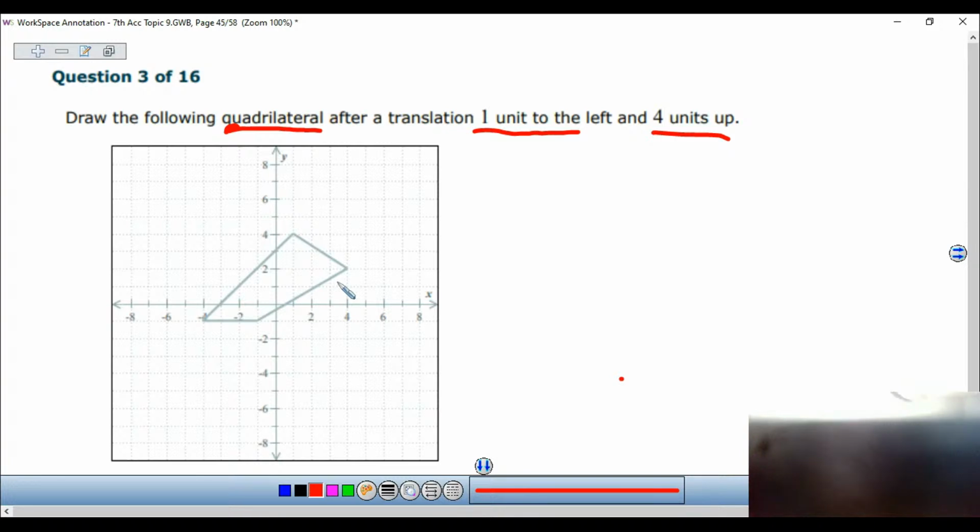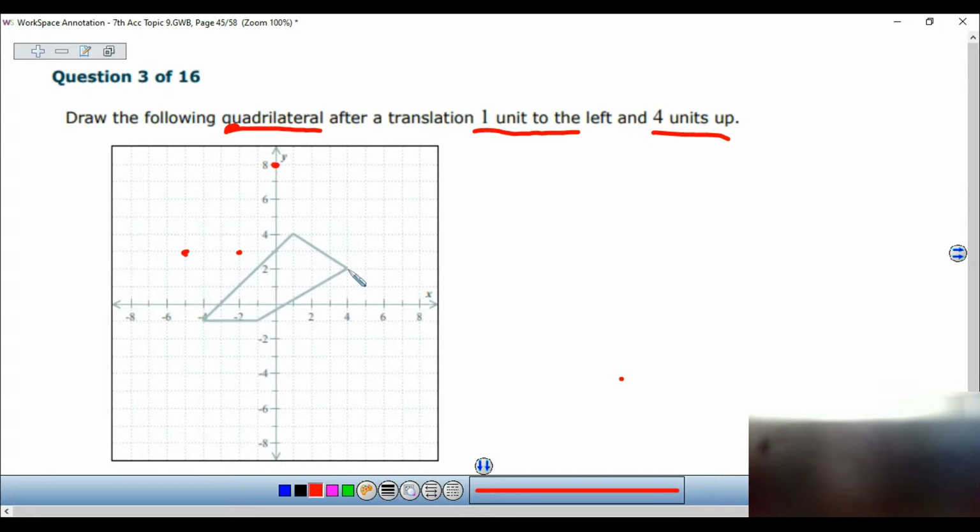All right, so everything goes 1 unit to the left and 4 units up. So this one's going to go 1 unit left, 1, 2, 3, 4. New point. This point's going to go 1 left and then 1, 2, 3, 4. This point will go 1 left and then 1, 2, 3, 4.